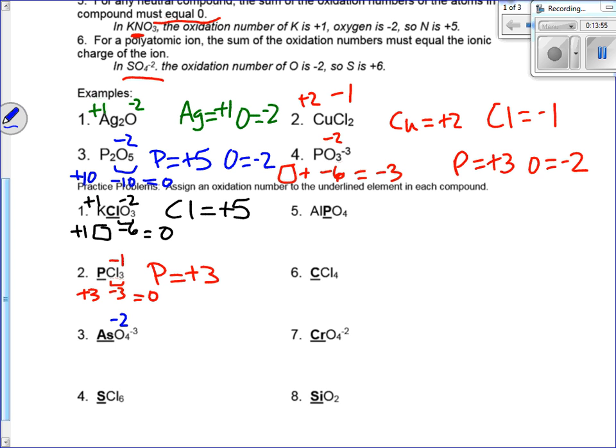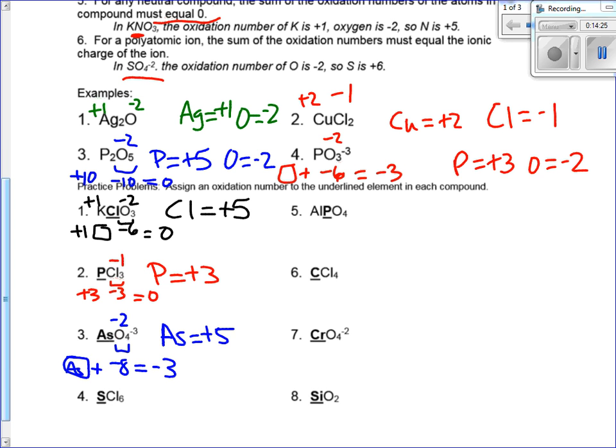How many of them are there? 4, so this represents a -8. Remember, we have to make this add up to -3 because it has a charge on it. So in this case, if there's only one arsenic, what does its value have to be? What is As going to be? So As equals +5.